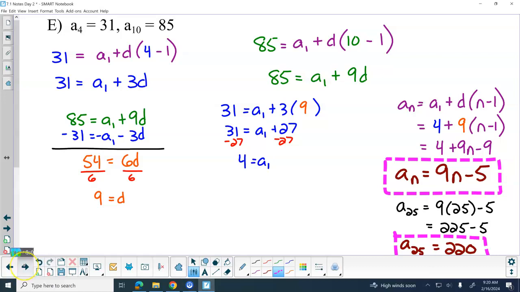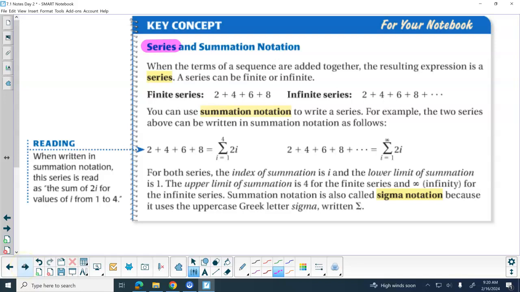All right. So let's talk about series. So a series is the sum of all of the terms in a sequence. So a sequence is just a list of numbers. A series is the sum of all of those numbers. So like if I had this sequence here, a sequence would be 2, 4, 6, 8, so on and so forth.